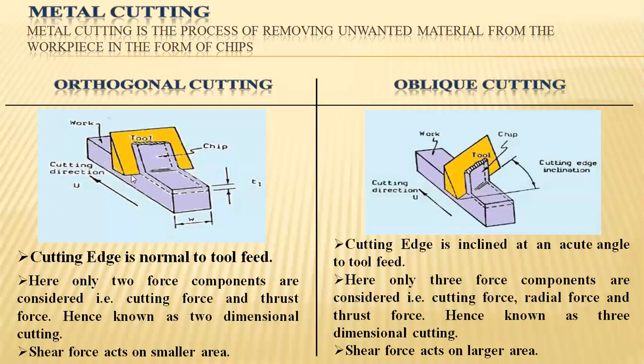This is the interaction point where the yield strength appears in order to remove the material in the form of chips. This is the chip.